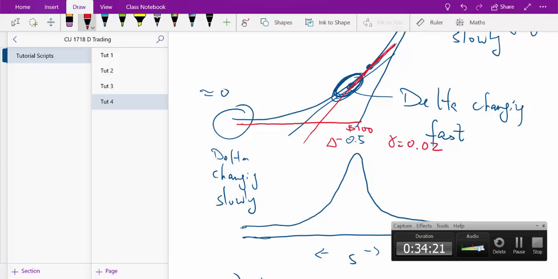You've got two values here: the delta value at a price of 100, and the gamma. Gamma means that when the price changes by $1, the change in delta is 0.02. So if the price moves to 101, then the delta would be 0.52. That's what that means.